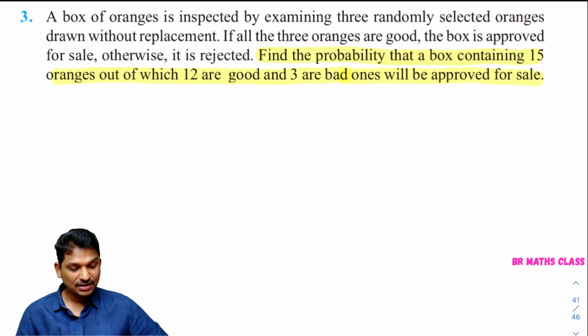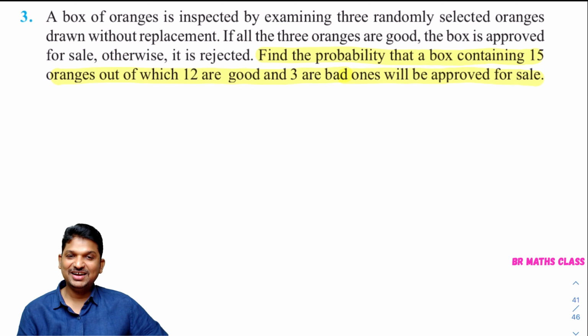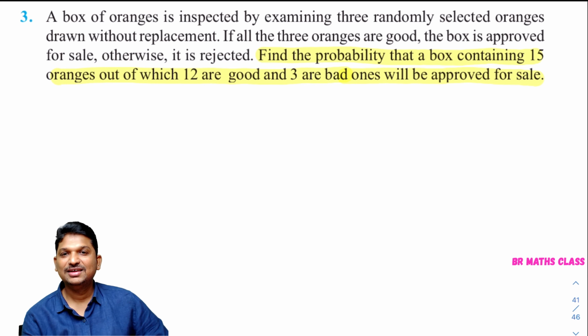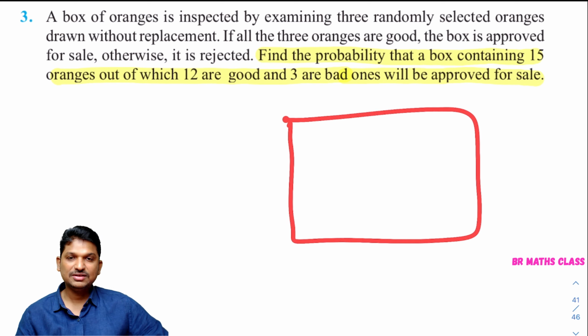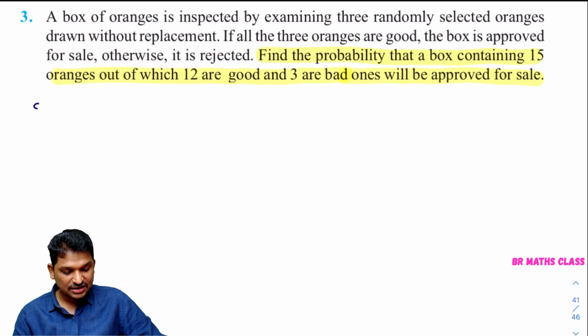I hope you are understanding what is happening. I'll quickly explain the question. There is a box with 15 oranges, 12 good and 3 bad. Now the question is, what is the probability that this box is approved for sale? First, we'll write the data we have. Number of oranges in a box.